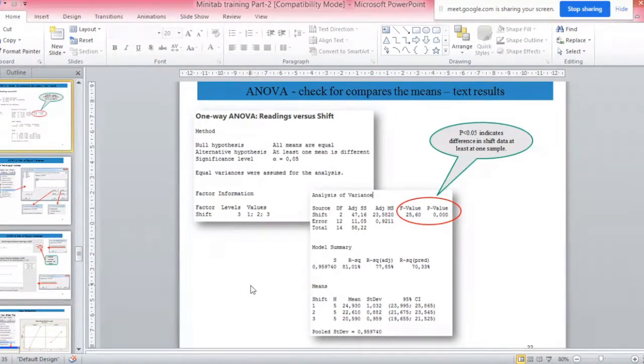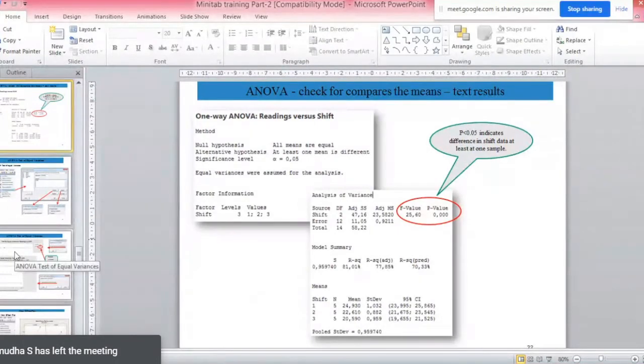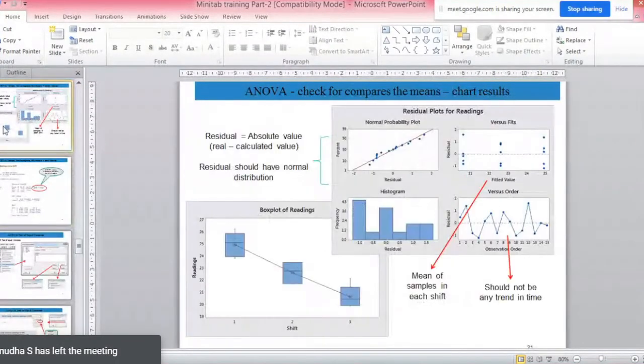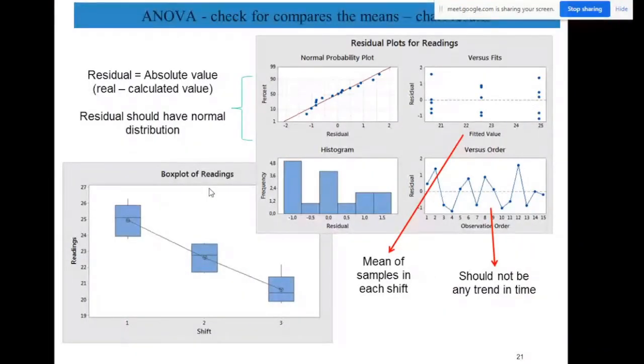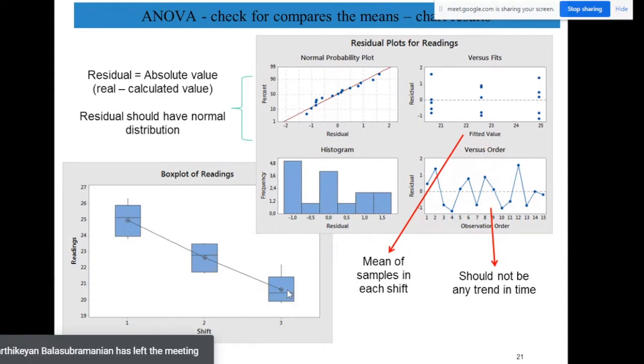If R square is more than 80%, I will explain with this graph. Is the screen visible? Box plot? Yes, sir. Between the groups, shift 1, 2, 3, we have more variation.